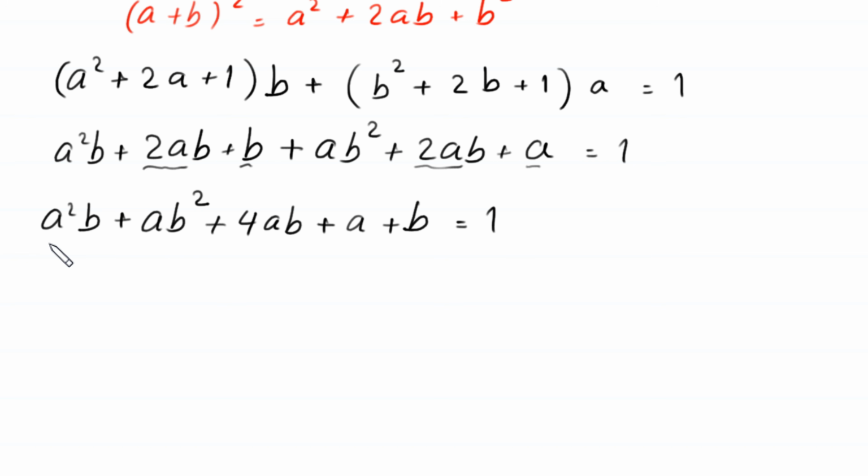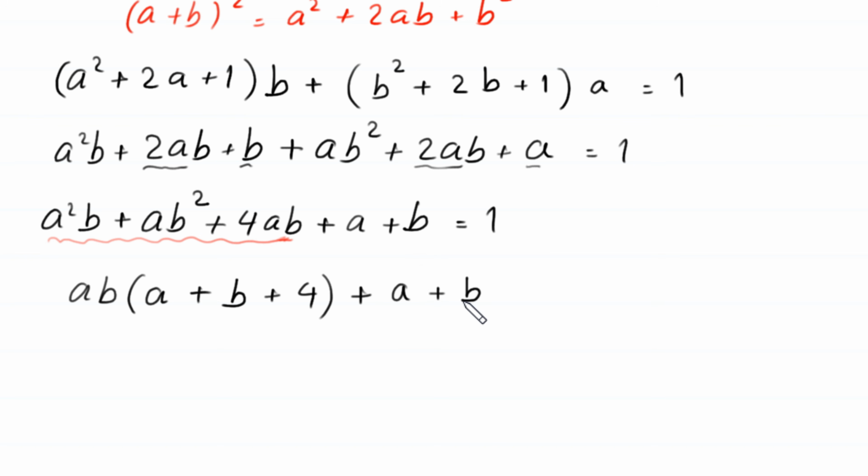Now from these three terms, a squared b plus ab squared plus 4ab, we can factor out ab as common factor, in bracket left a plus b plus 4, plus this a plus b, is equal to 1.